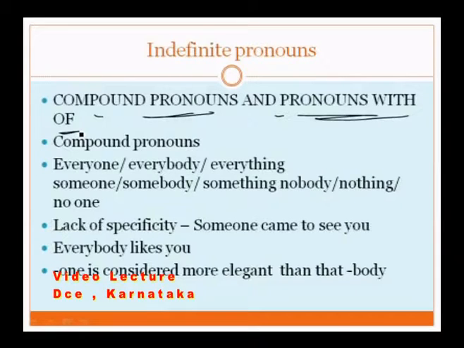Look at the sentence. Someone came to see you. You are not very specific about it. It could be anybody. It could be any Tom, Dick or Harry, any A, B or C. When I say everybody likes you, it could be anybody, all of them. I am talking in one whole group.